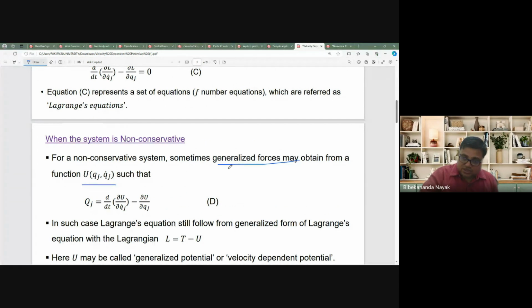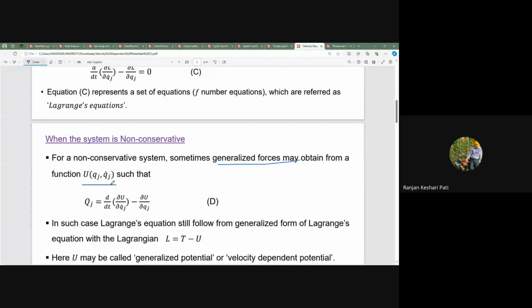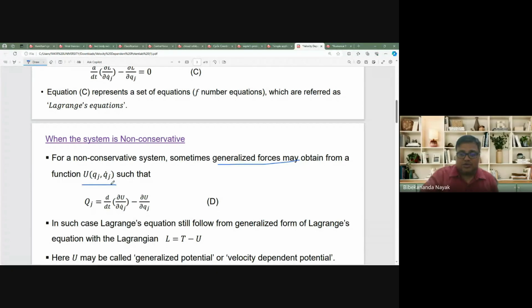For a conservative system, the generalized force is obtained from U(qj), with no qj dot. But for some systems, if the generalized force is derived from U(qj, qj dot), then we can also follow the Lagrange procedure to solve them and set a Lagrangian.